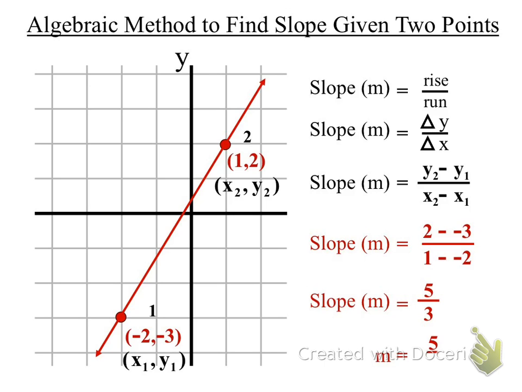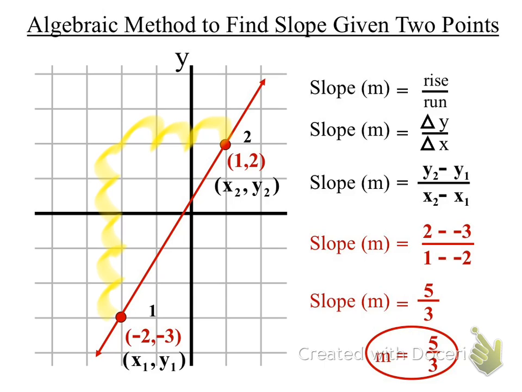And there's my slope, 5/3. That means I have a rise of 5 and a run of 3. Let's see, does it work? I'm rising 1, 2, 3, 4, 5. And I'm running 1, 2, 3.